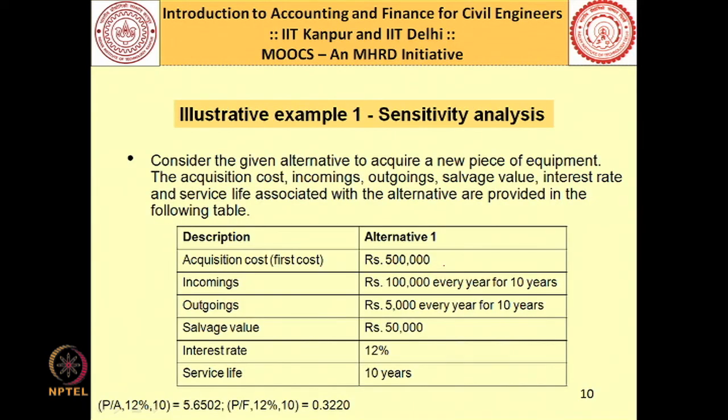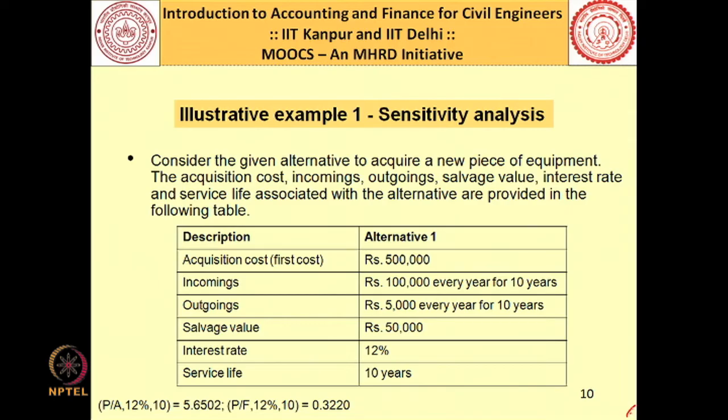Now, to illustrate what we learned so far and to tell you how exactly we carry out sensitivity analysis for a single alternative. Remember, right now we are going ahead with a single alternative. Subsequently, we will also go with multiple alternatives, but to start with we take a small example, that too with a single alternative, and the data pertaining to this alternative is shown here.